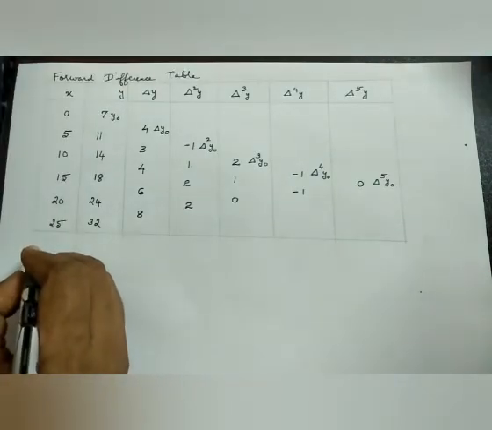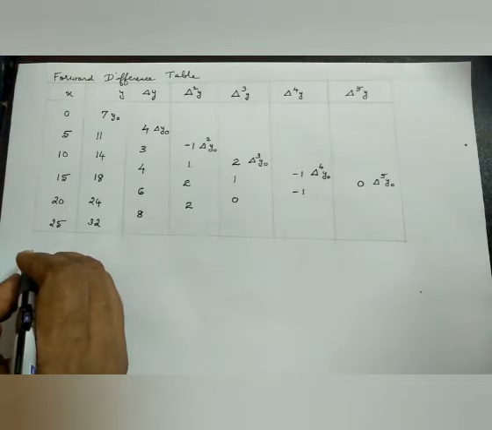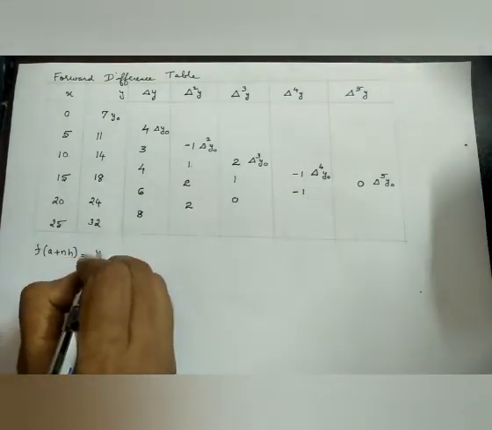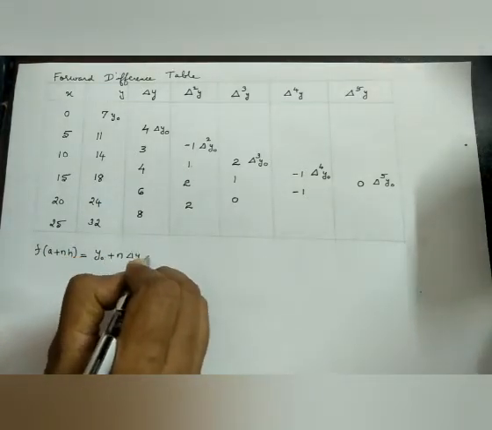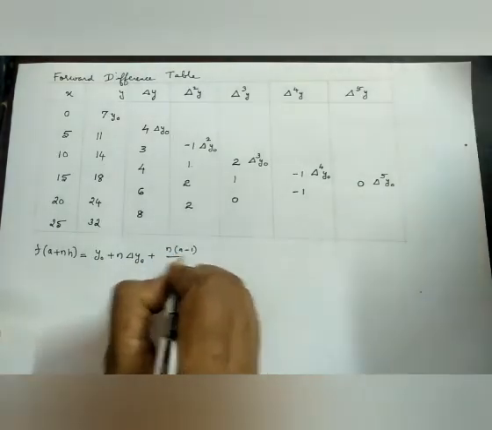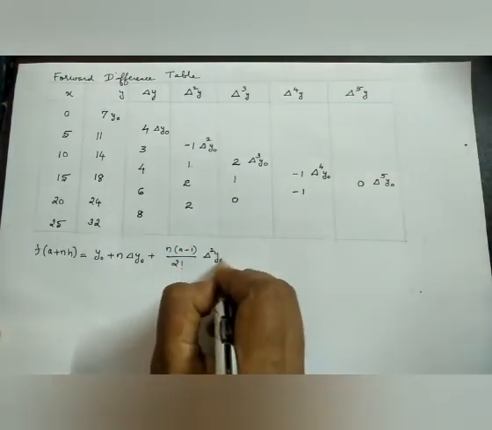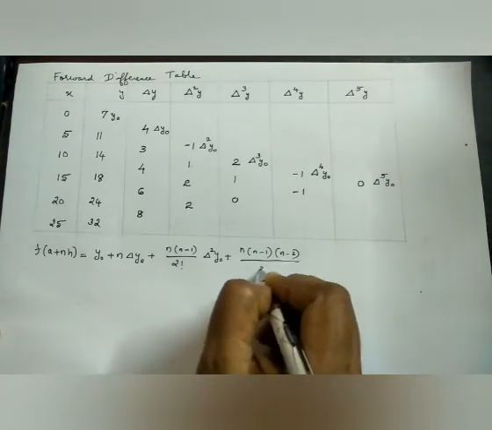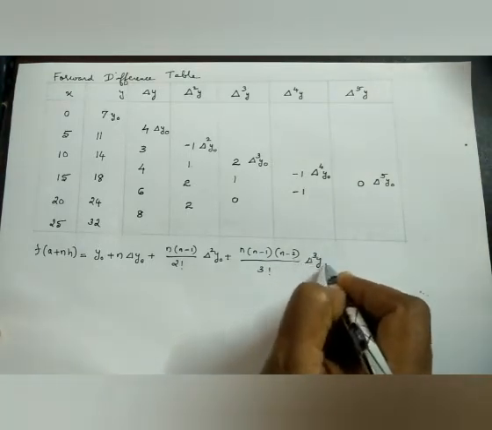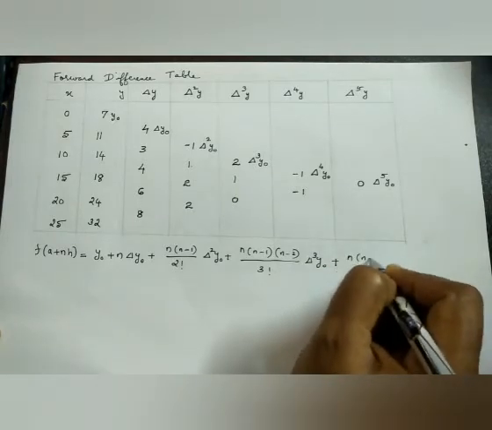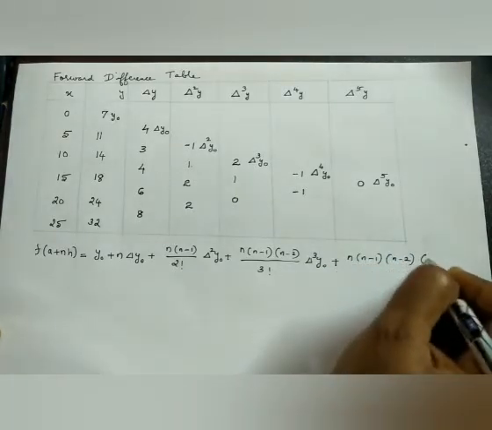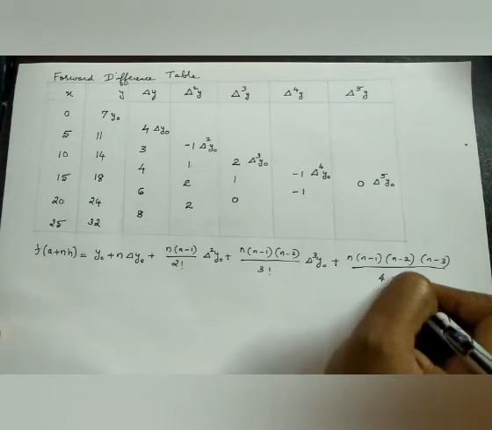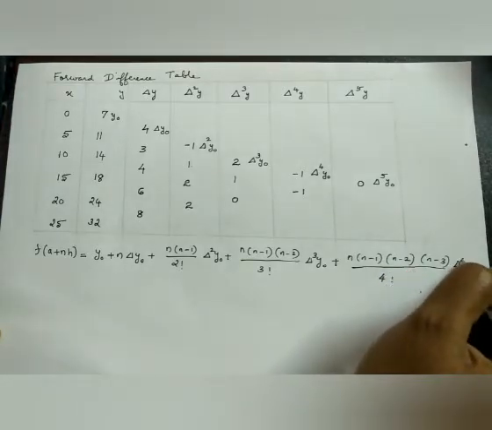The formula is, I am again writing the formula, f of a plus nh is equal to y0 plus n delta y0 plus n into n minus 1 by 2 factorial delta square y0 plus n into n minus 1 n minus 2 by 3 factorial delta cube y0 plus n into n minus 1 n minus 2 n minus 3 by 4 factorial delta raised to 4y0.